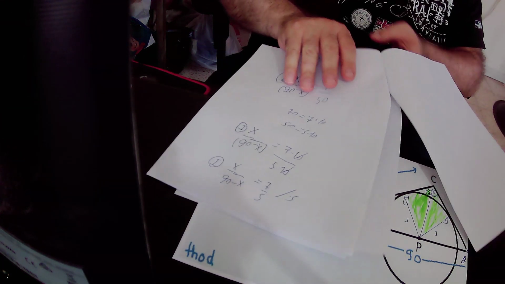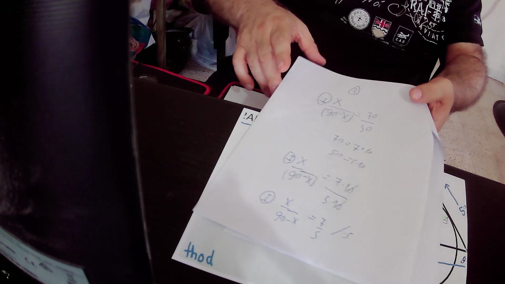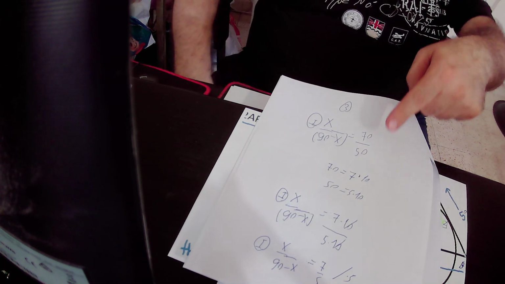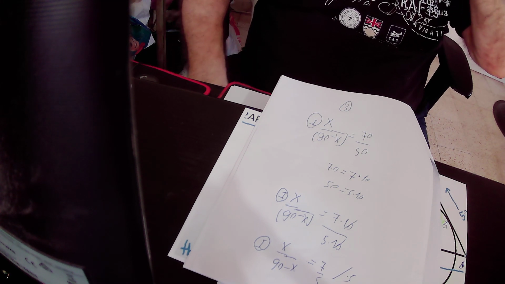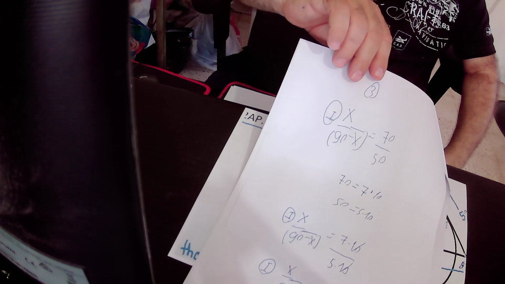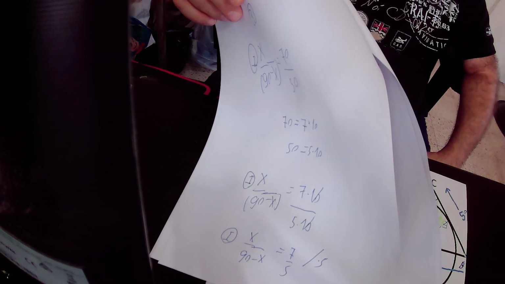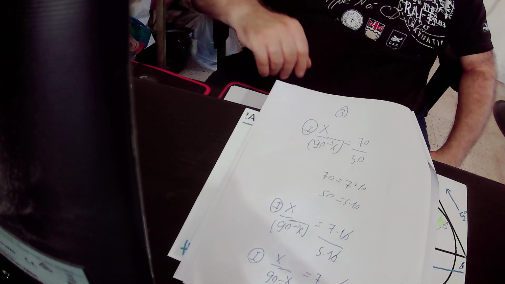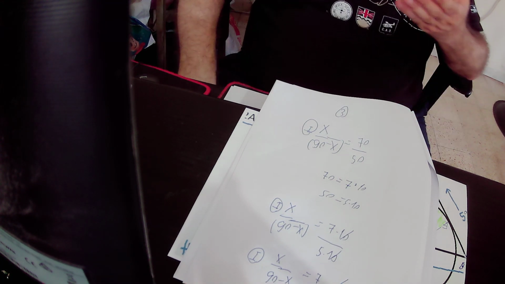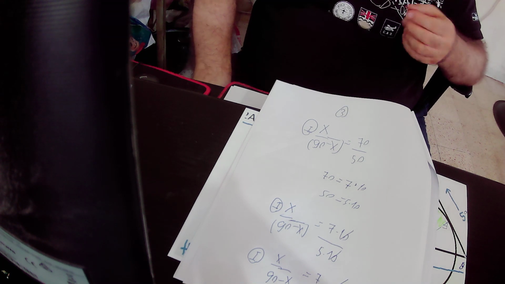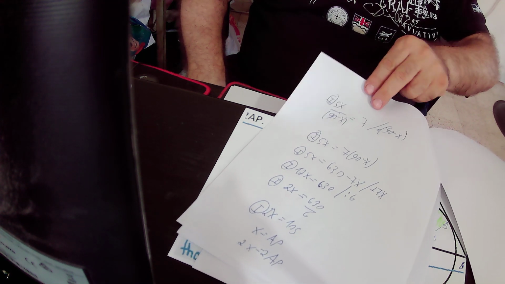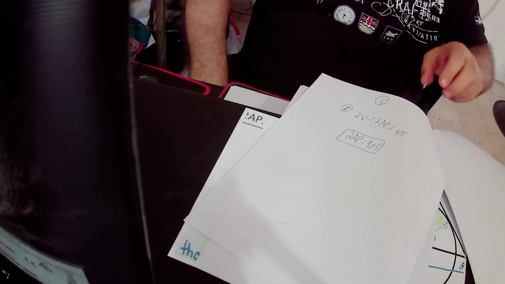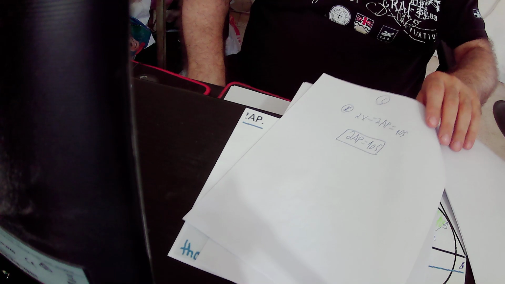After we substituted, we got one equation with one variable. So in the end we got that 2AP equals 105.